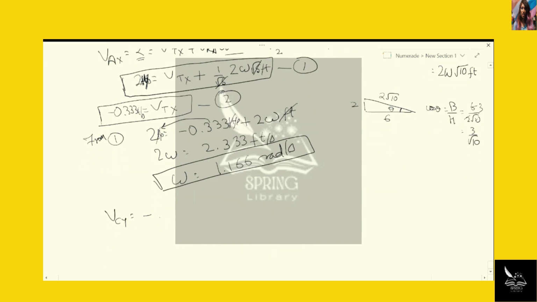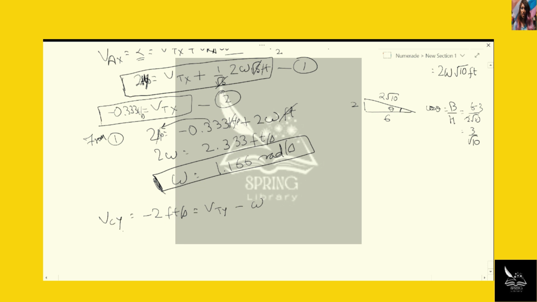So this becomes minus 2 feet per second equals, now this is going to be VTY, and then minus omega. So actually now I'm thinking, if you already got omega, then all you need is the x component of velocity. Sorry, the question asked us to find out omega and then velocity of point B. So we don't actually need, oh no, we do need this, sorry.